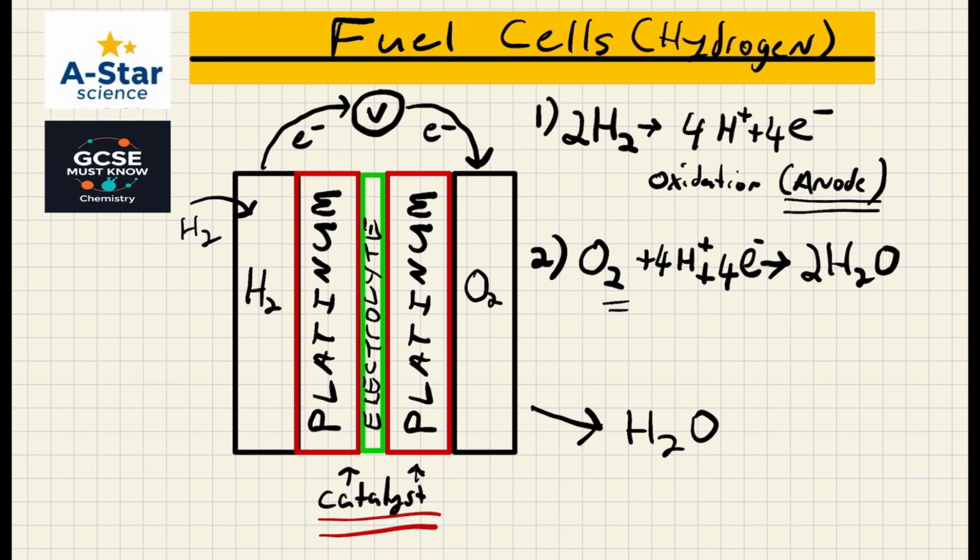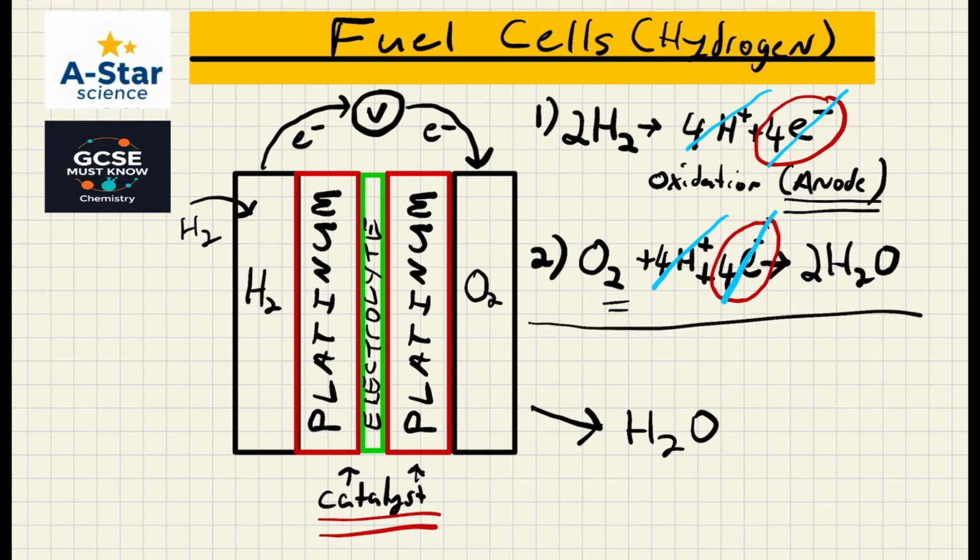You can notice that both equations now have 4 electrons. This is very important because we can now cancel them out. We can cancel the electrons on either side, and we can cancel the hydrogen ions as well. Notice what we're going to be left with in the net equation.